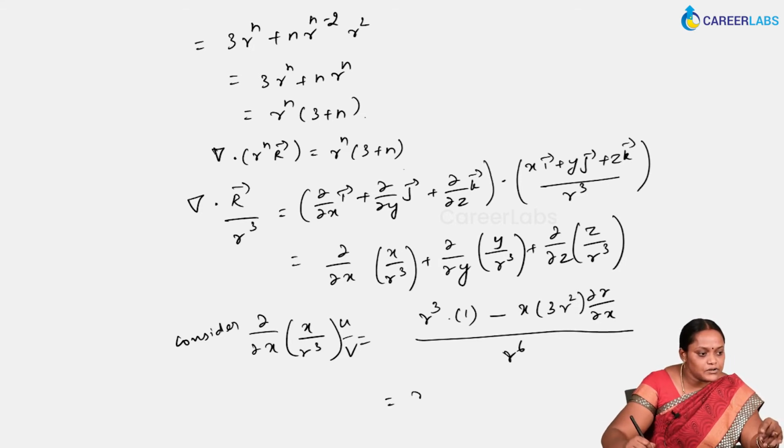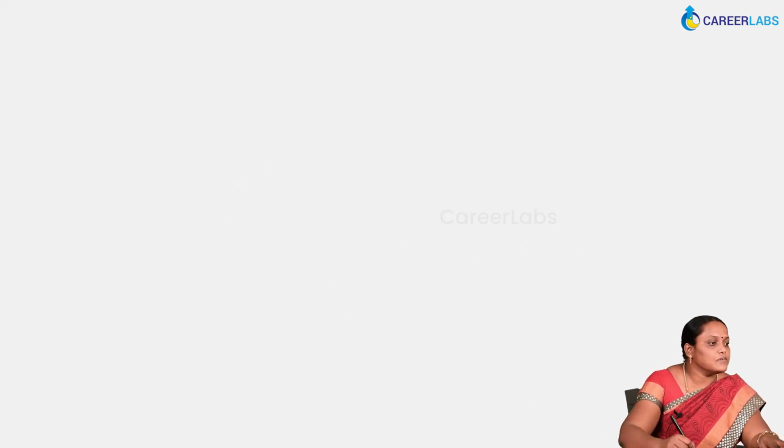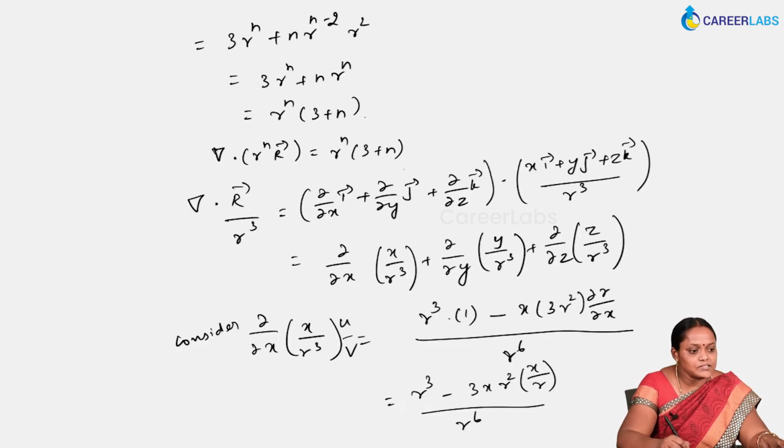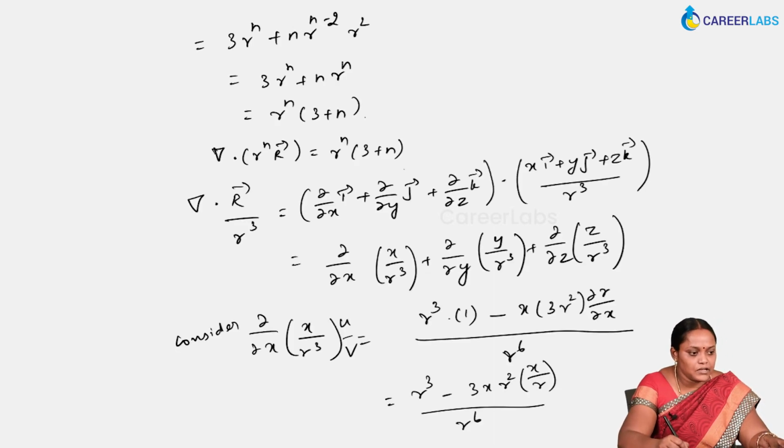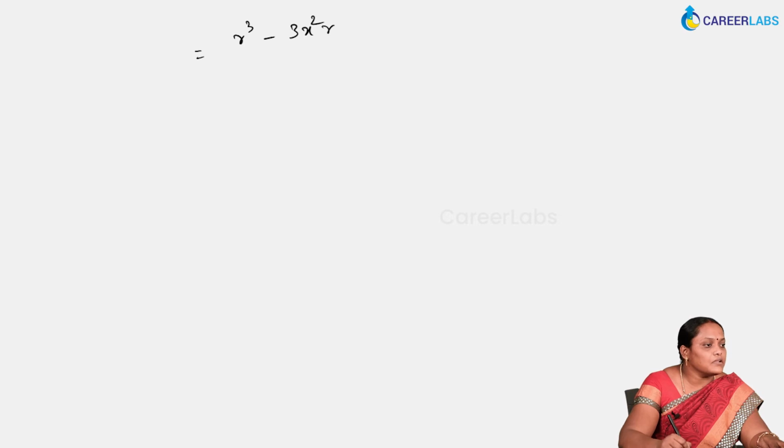So this is equivalent to r³ minus 3x r² into ∂r/∂x, which is nothing but x/r, divided by r⁶. So this will give you r³ minus 3x, one r will get cancelled, so this is 3x² into r, divided by r⁶.